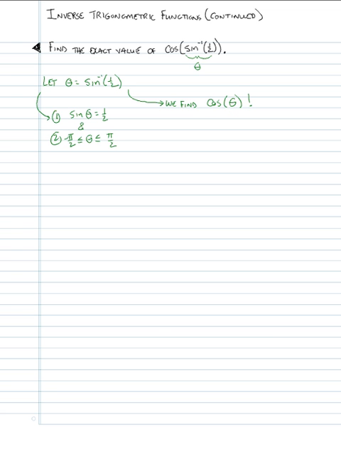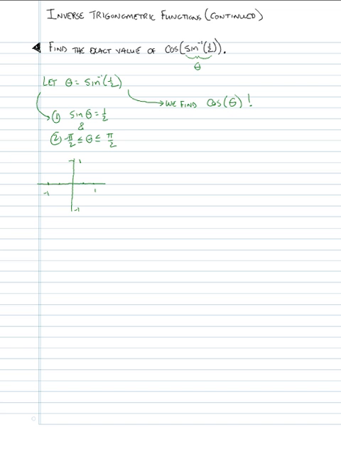So if we look on a unit circle, here's what we're dealing with. I'm sorry that that's lopsided. Let me see if I can at least get some kind of decent scale here. So let's assume this is where 1 is, and this is where negative 1 is, and this is where 1 is, and this is where negative 1 is.